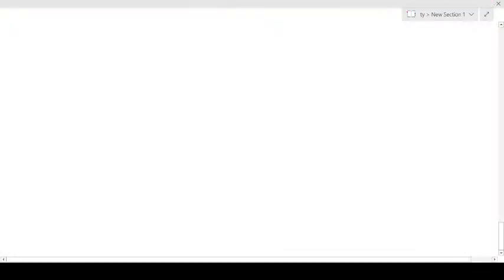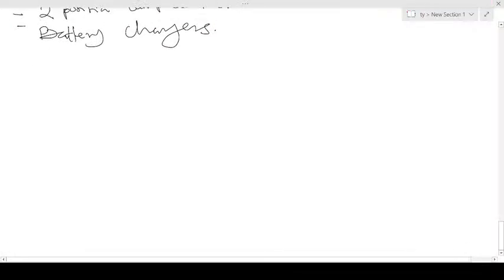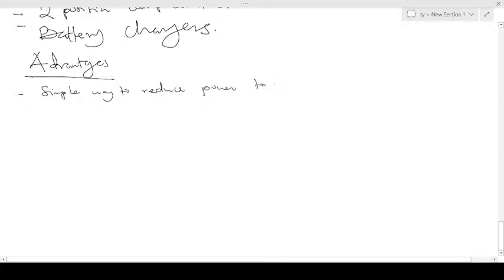It's much simpler than full-wave rectification and bridge rectification, which we will get to. So whenever you are questioned about the advantage of a half-wave rectifier, this is your go-to option.